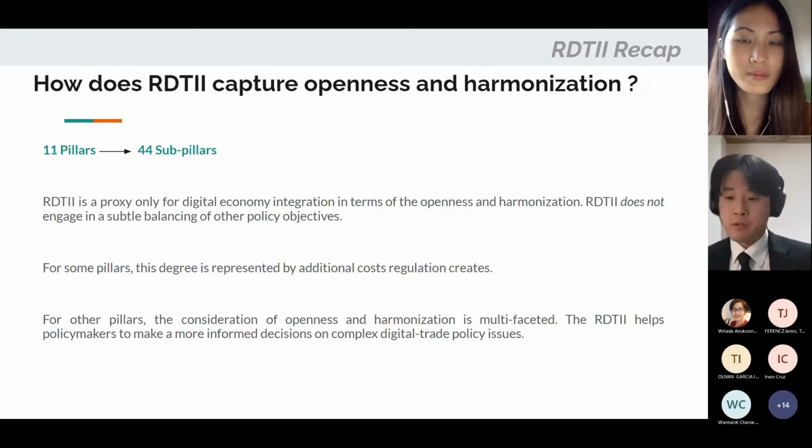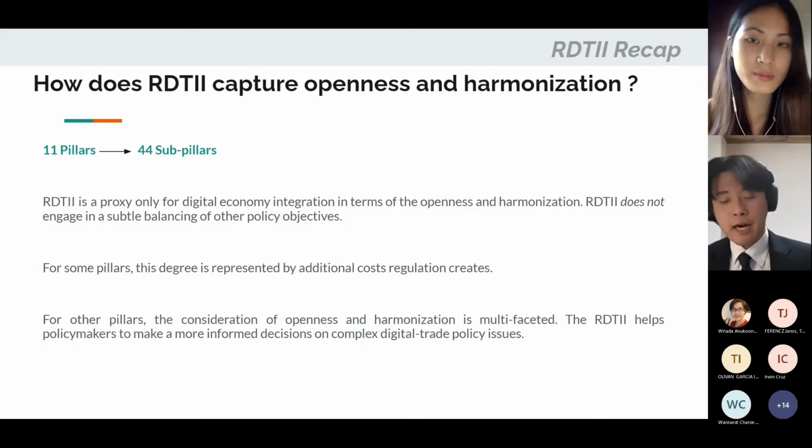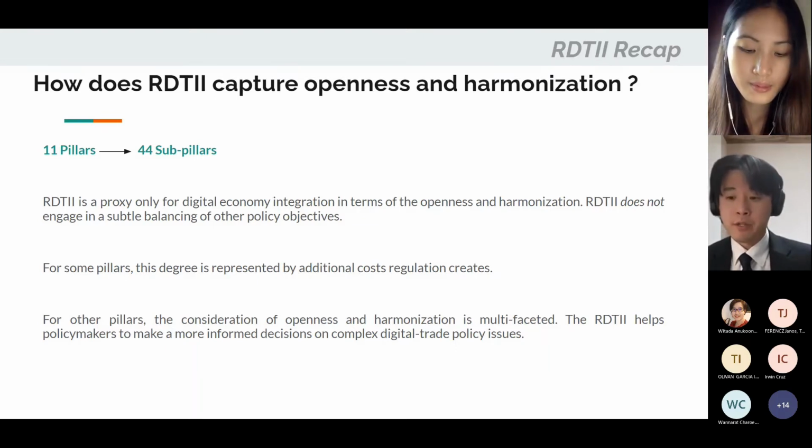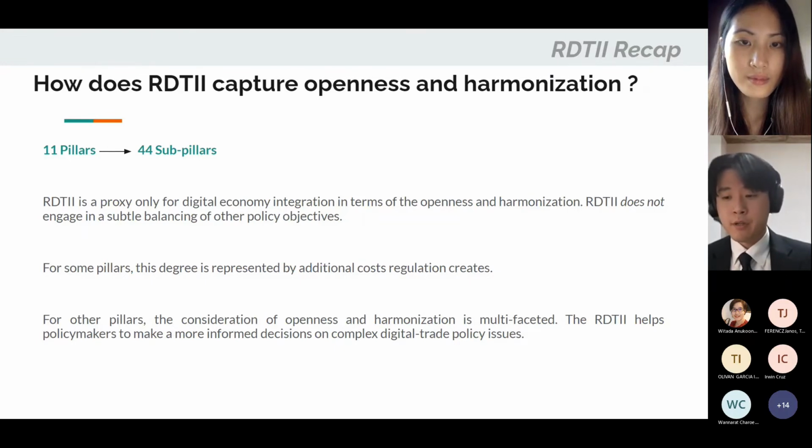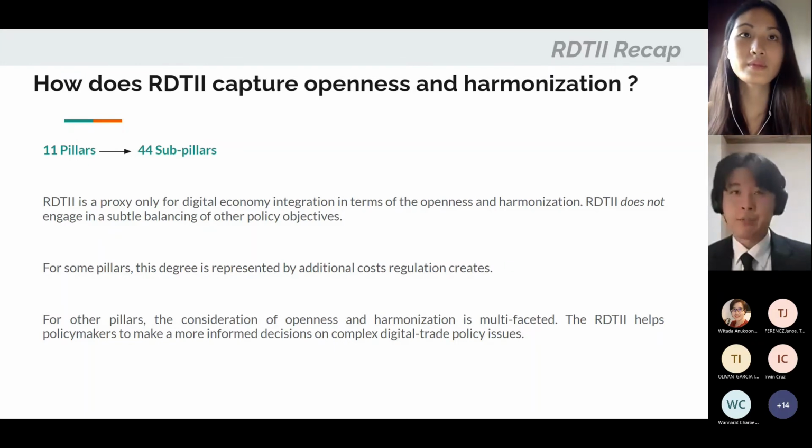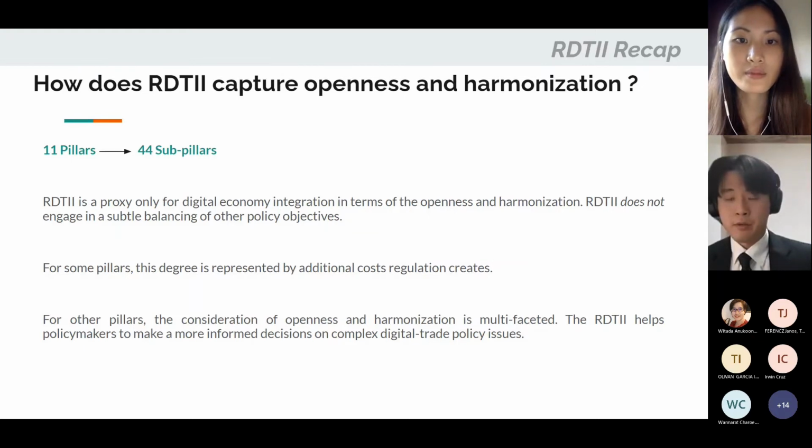For example, in Pillar 1, the higher the tariffs on ICT products, the more additional cost there is in that regulatory area, and that additional cost represents a relative lack of openness and harmonization in that pillar.